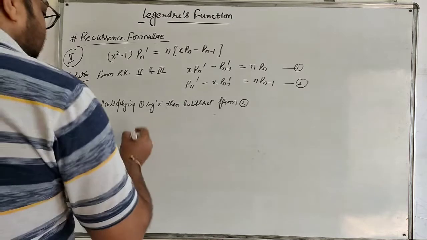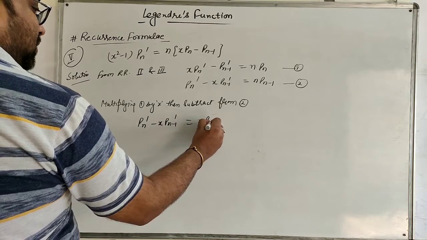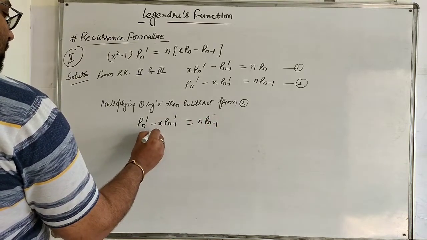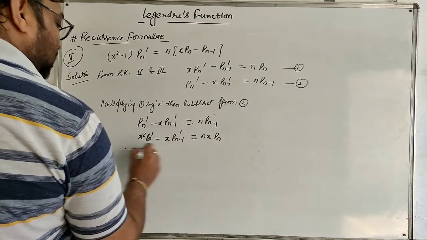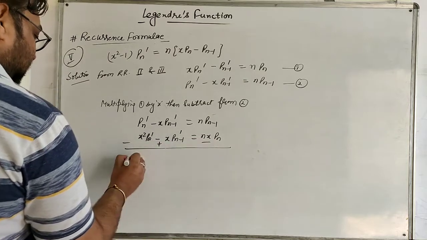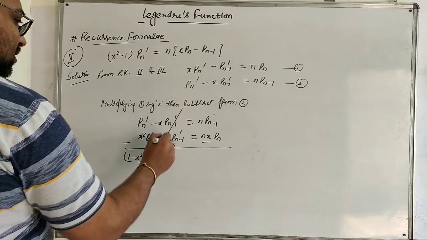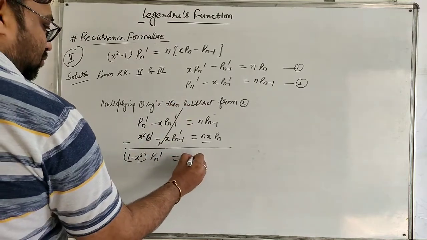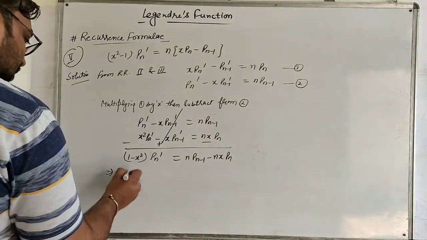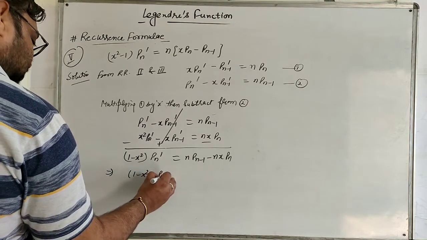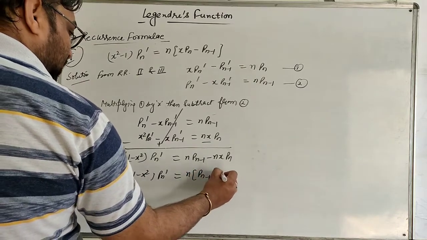Pn' minus x Pn-1' is equal to n Pn-1 and x square Pn' minus x Pn-1' is equal to n x Pn, and on subtracting we get (1 minus x square) Pn', this is cancelled, equal to n Pn-1 minus n x Pn, or (1 minus x square) Pn' is equal to, taking n as common, n(Pn-1 minus x Pn).